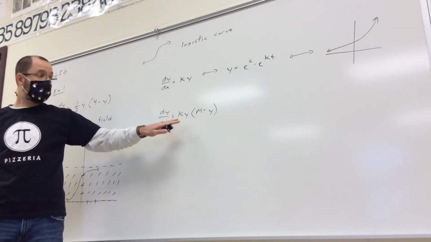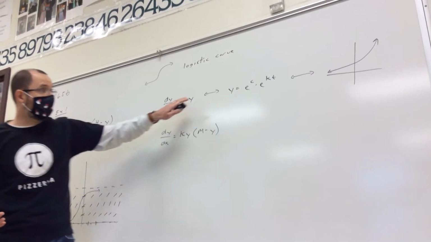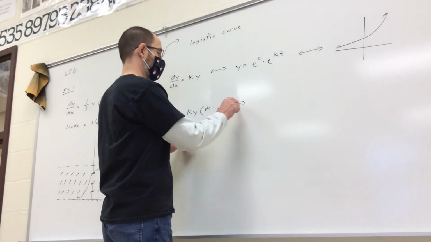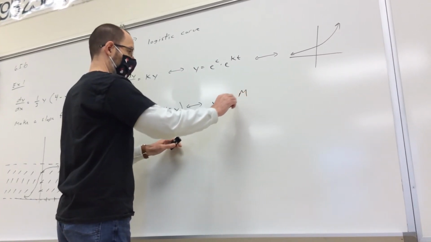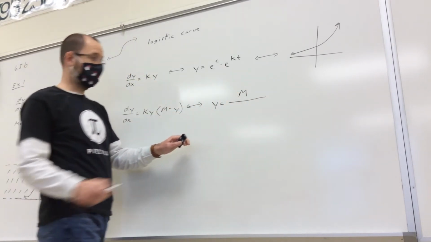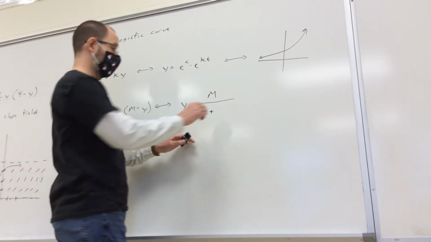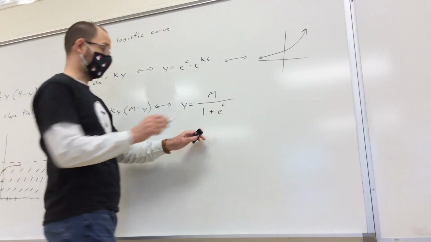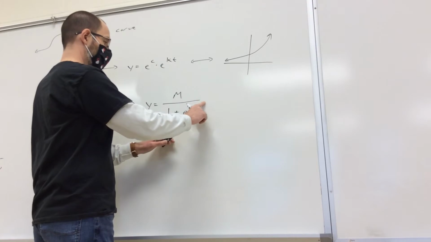I'm just going to tell you what it would end up being if we did the antiderivative. If you do the antiderivative of this, you get this kind of a curve. But if you do the antiderivative of this, this is what you end up with. You end up with y equals m over, and then in the denominator it's 1 plus e to the c times e to the negative mkt.